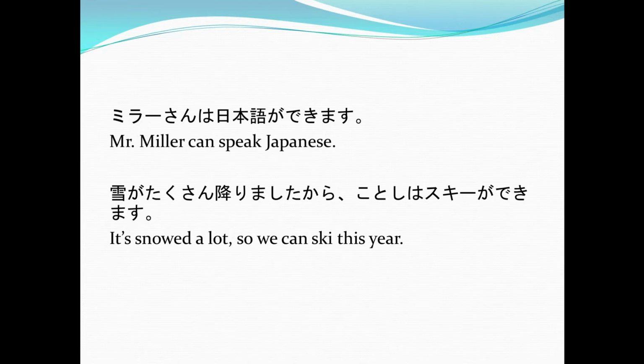So note how we use スキーができます as a possibility or an ability to do this year. Instead of using スキーすることができます, which means the same, to ski, it is easier to say スキーができます. See how we can use a noun to express an ability or a possibility.